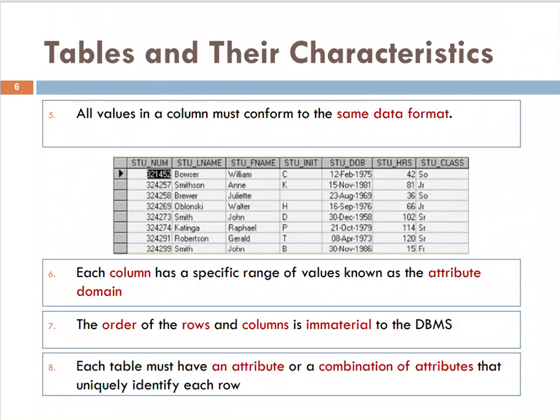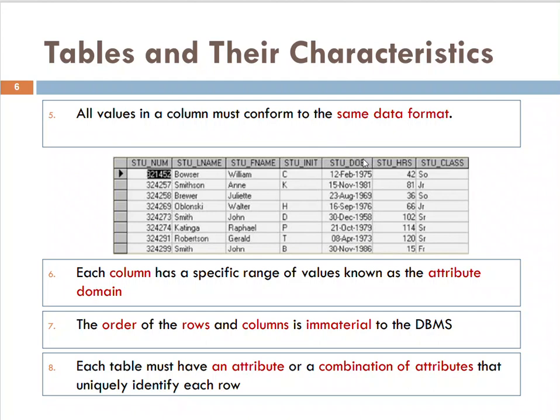Next, all values in a column must conform to the same data format. Okay, apa sahaja data yang berada di dalam satu kolom mesti mematuhi satu data format. Okay, for example, student date of birth. Satu kolom namanya student date of birth.